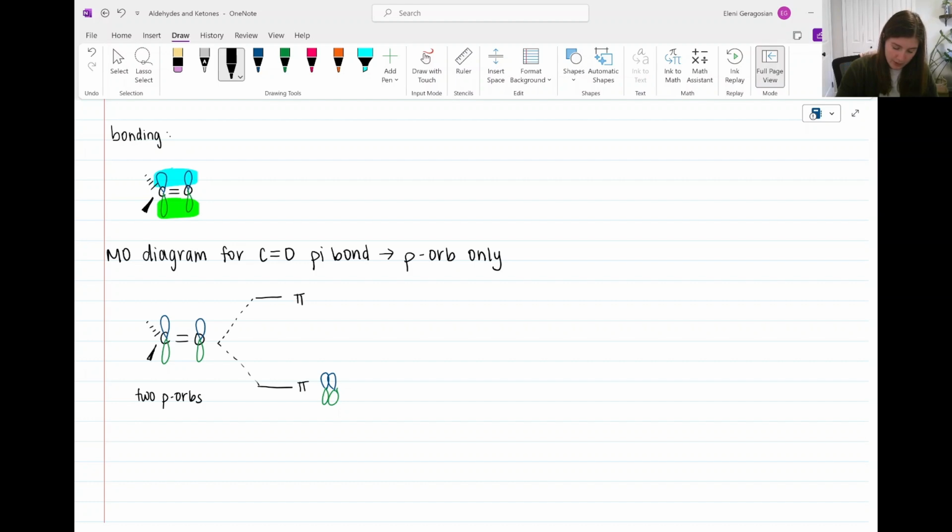This is the higher energy orbital. I'll keep one orbital drawn as we have drawn them with these colors, and then for the other orbital, we've switched the phase. I'll start coloring in the blue orbitals here just to make it a little bit more clear. When we have the same phase overlap, that's our pi bond. When the phasing is opposite and they cannot overlap, that's a pi star.